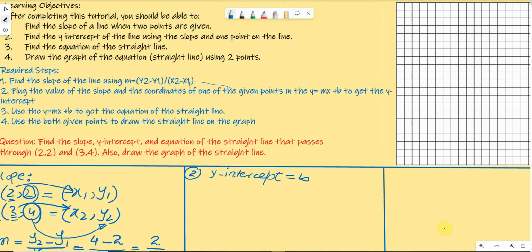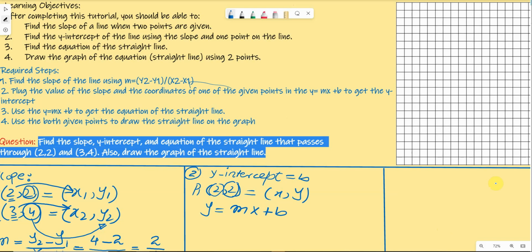You can use any of the points. So here I'm using the first point (2, 2). I'm assuming this 2 is our x and this 2 is our y. Since we know from the slope-intercept form y is equal to mx plus b, in this case our y is 2 and our x is also 2, right?